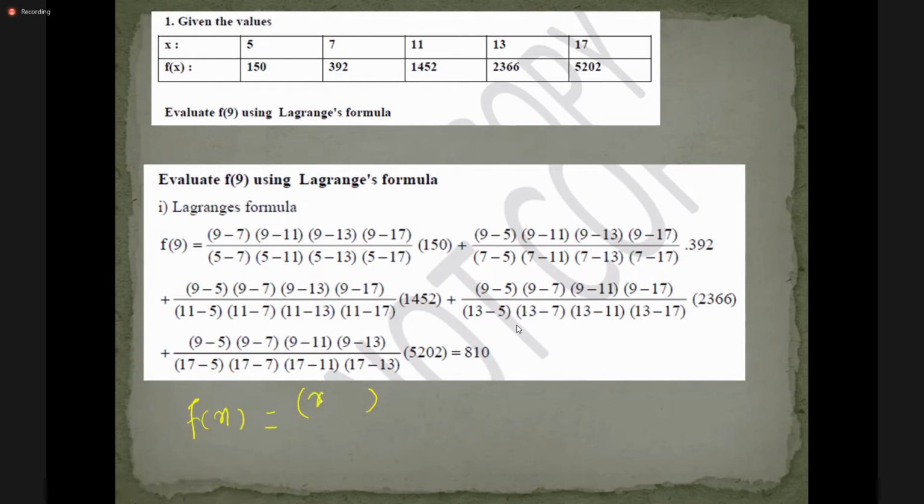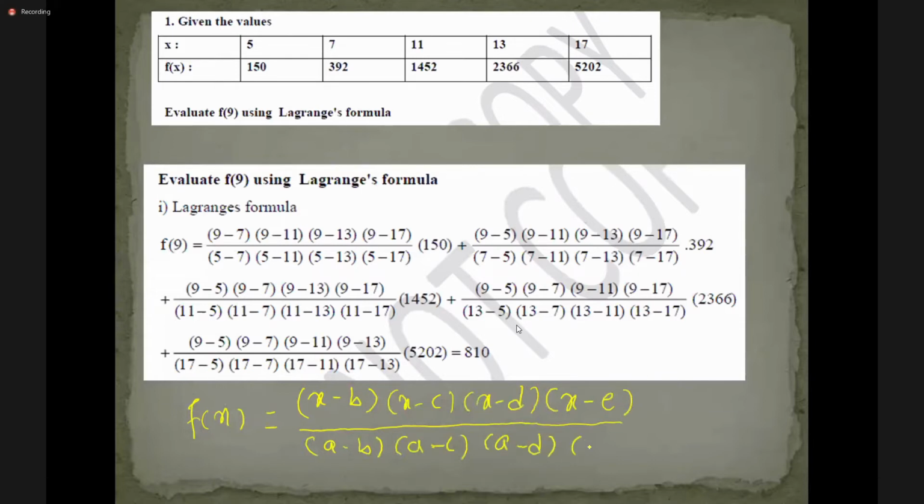This is the formula: x minus b into x minus c into x minus d into x minus e divided by, now this is at a, so it is a minus b, a minus c, a minus d into a minus e into f of a, plus and so on. So on means you have to write the terms up to plus f of e also.